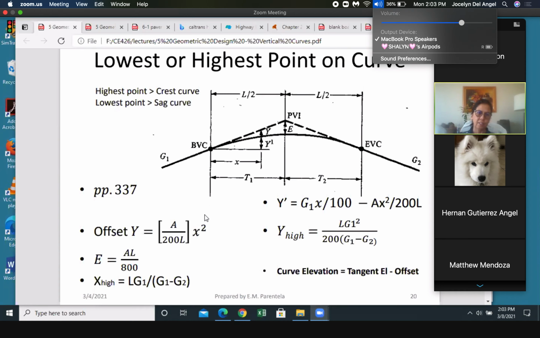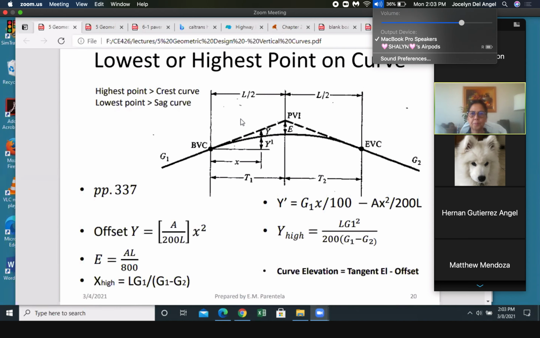crest curve right here. To determine the elevation of the point on curve, we needed to know the offset, where offset is equal to A over 200L times x squared. So that's your offset of y. So this is y.